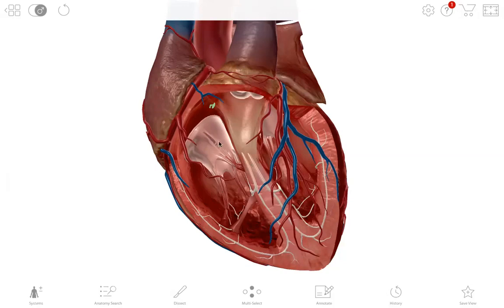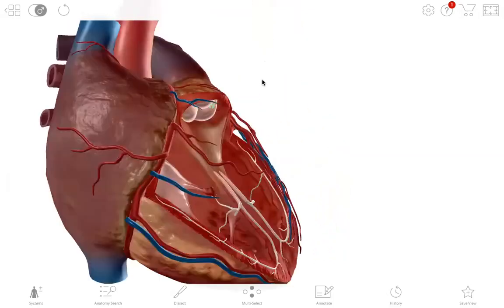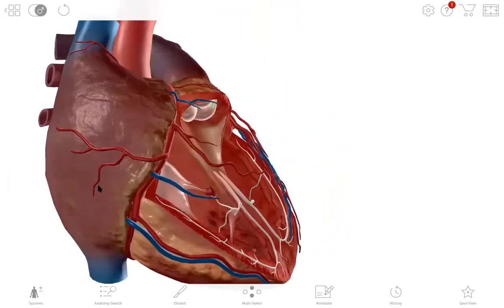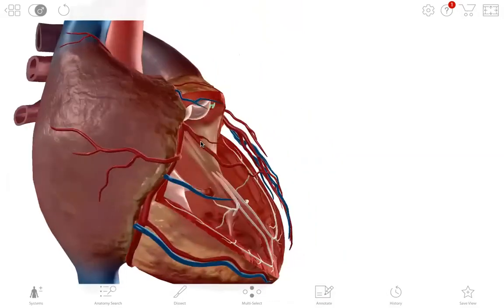Okay, if we come to the circulation of the blood inside it, we all know that the right atrium collects the venous blood from the whole body. We have the superior vena cava and the inferior vena cava, in addition to the coronary sinus, which we will mention a little later.